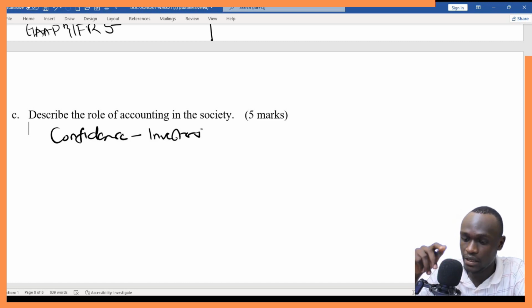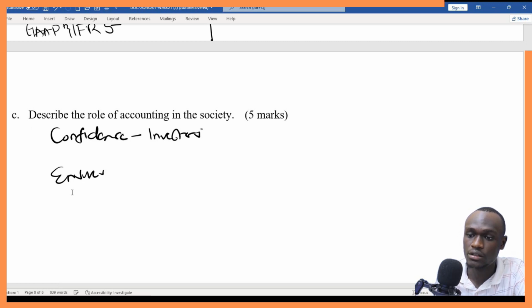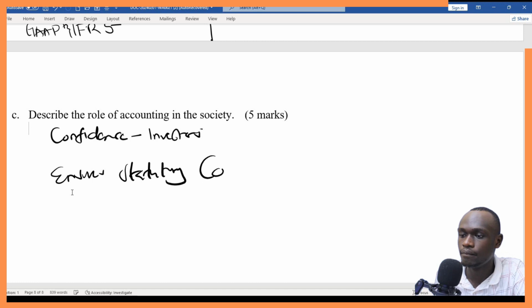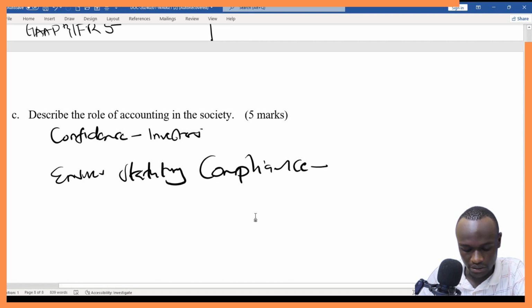Accounting also helps the government to collect revenue, that is taxation, or we can say it ensures statutory compliance. Accounting ensures statutory compliance, that is calculation and reporting of taxes, or you can say tax remittance.